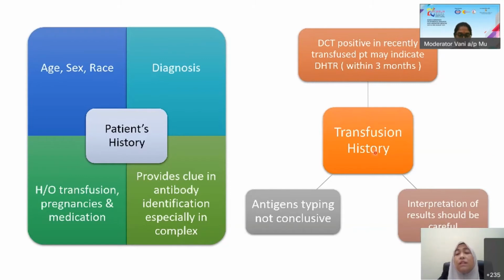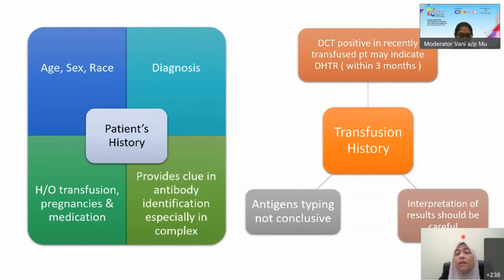If we know the transfusion history, let's say the patient was transfused recently, within 3 months, the DCT result may be positive, and we also cannot do red cell phenotyping because the antigen is not conclusive, as it may be donor cells and not the patient's cells.